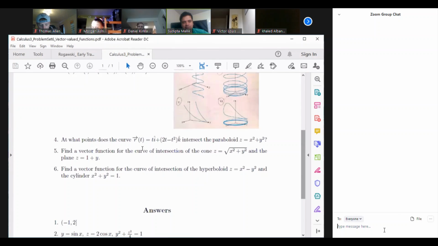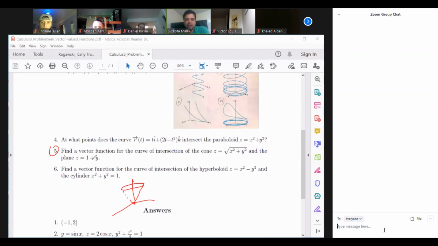And problems 5 and 6 are similar. It is basically asking for the intersection curve between two surfaces. One is a cone, the other is a plane, right? So the picture would look like what? I'm talking about 5. It's like this, right? This is the cone.